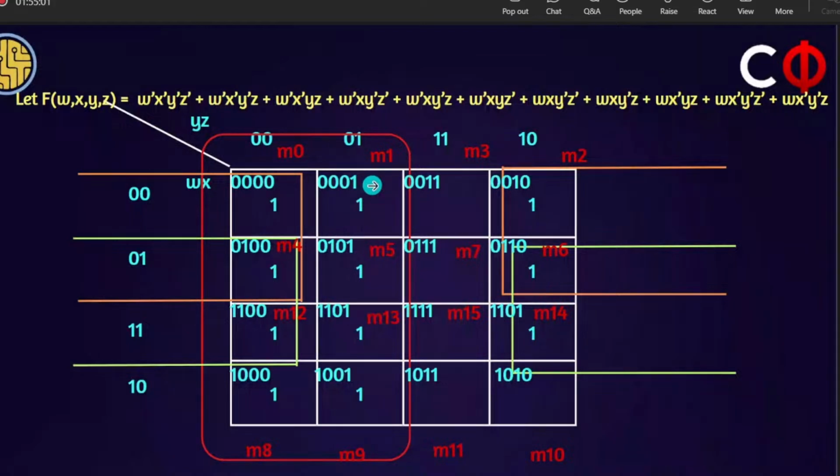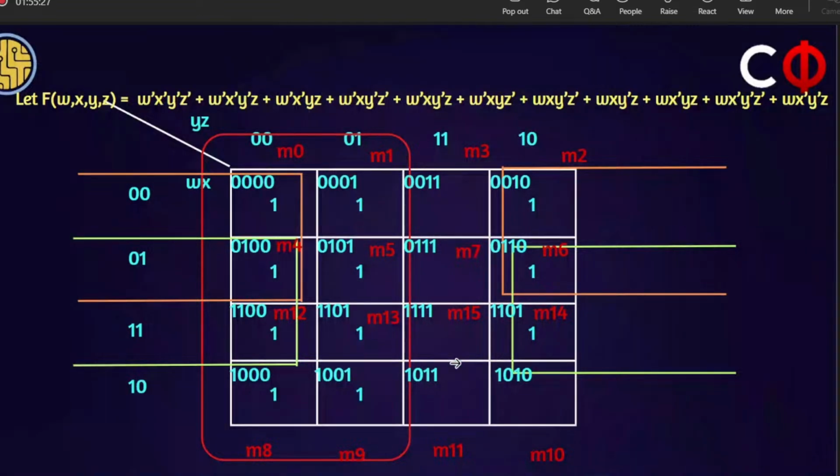So in this, what do you think is not changing? The Y part. And Y is low, so that becomes Y prime. And here everything is changing, right? If you're comparing W and X, like here it's W prime, X prime, it's going to WX. Both of them are changing simultaneously, and nowhere is this thing staying fixed. So this red grouping overall corresponds to only one term, which is Y prime.